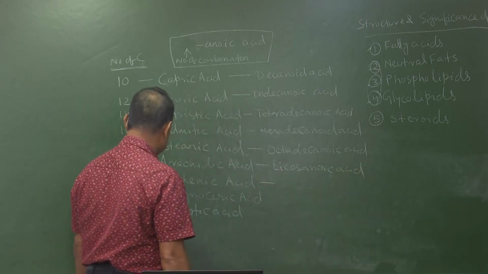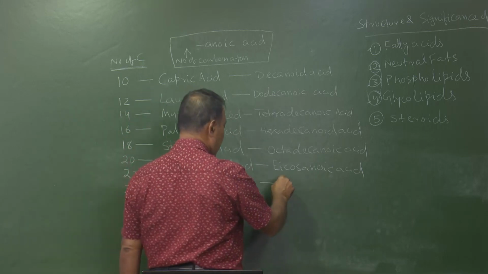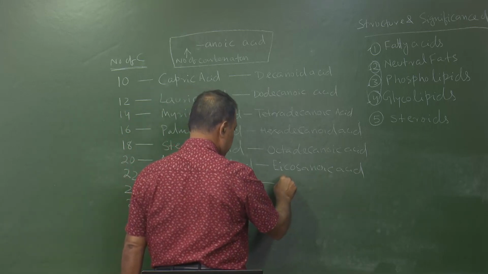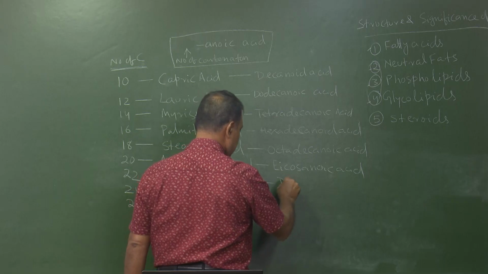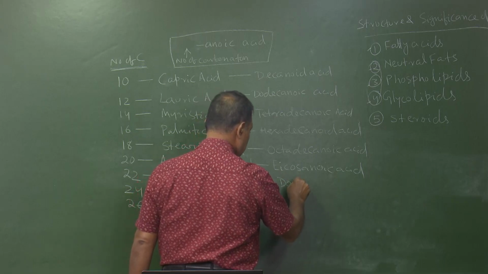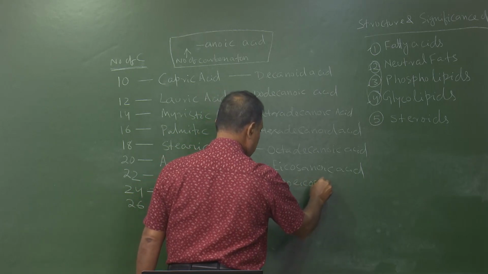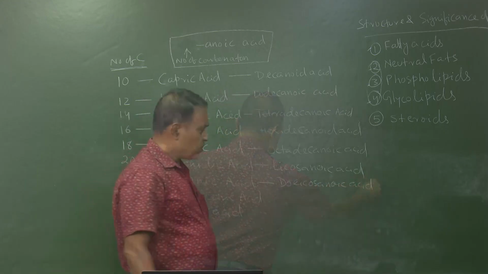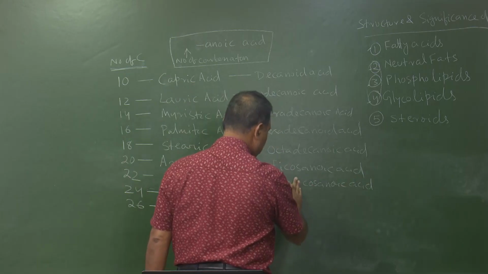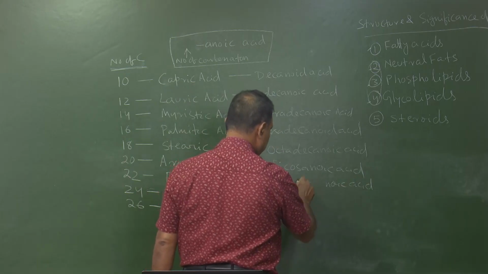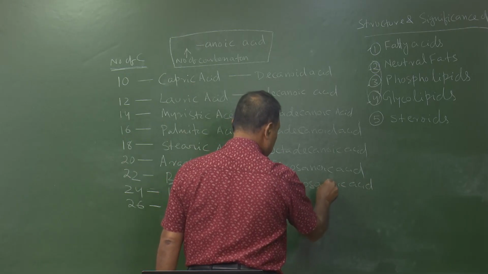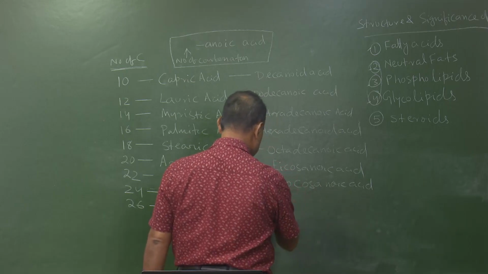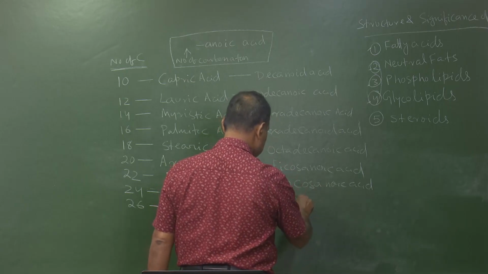And behenic acid, it is docosanoic acid, and this is tetracosanoic acid.